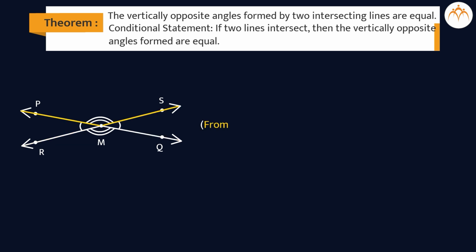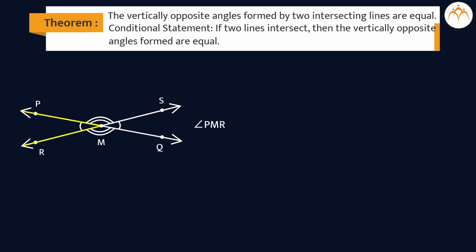Then from equation 1 and equation 2, that is angle PMS plus angle QMS is equal to angle QMS plus angle QMR. By cancellation, angle PMS is equal to angle QMR.